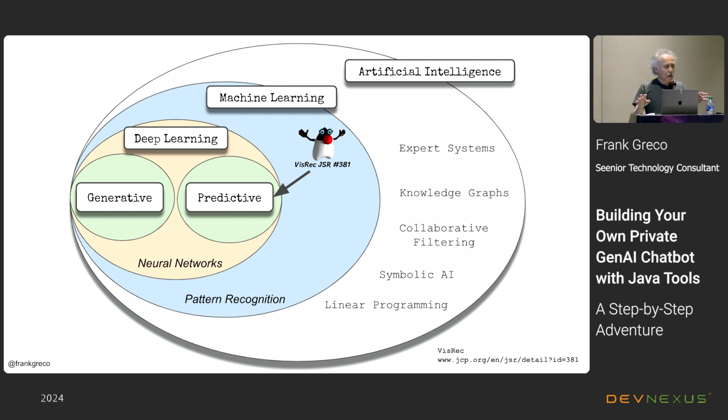And there's two basic types. There's the trendy generative AI, which we've known about for the past year and a half, I guess, most popular with OpenAI. Then we have predictive. My colleague Zoran from Serbia and I have a JSR for visual recognition. It's a JSR for Java developers.